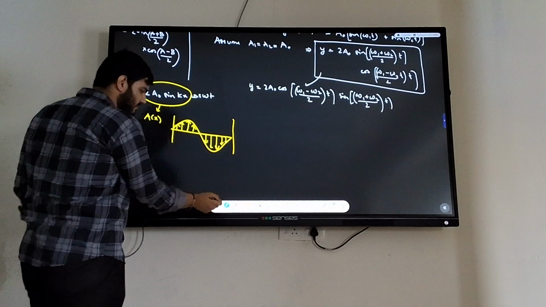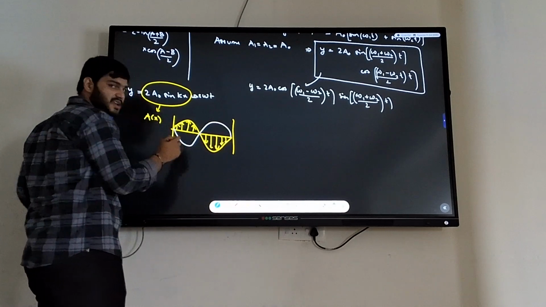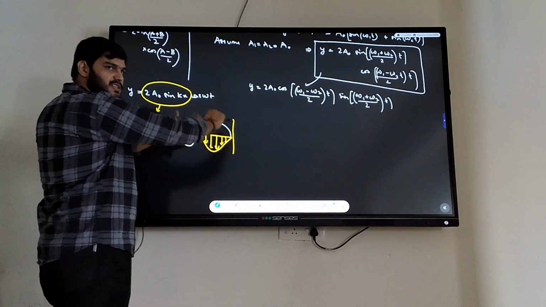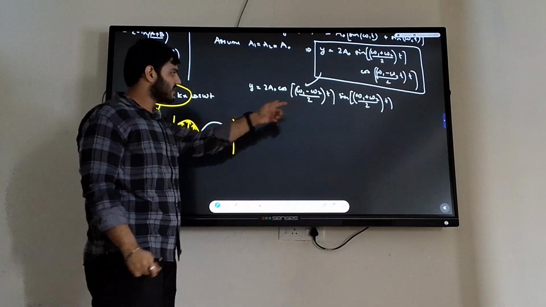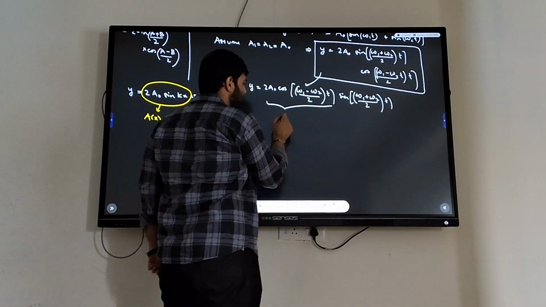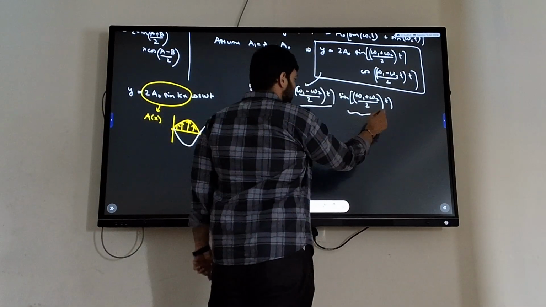Similarly, here this looks like the final amplitude, and this is my modulating wave.